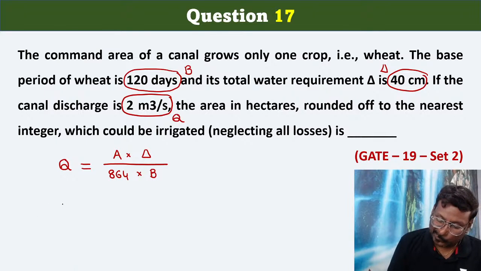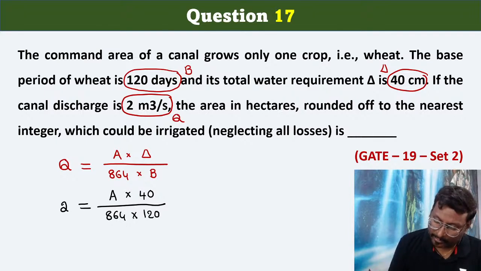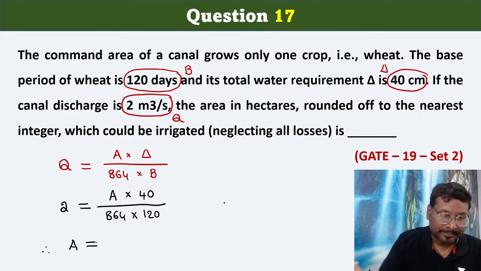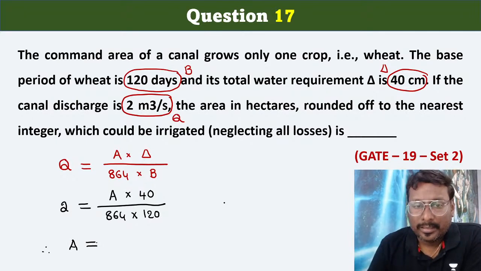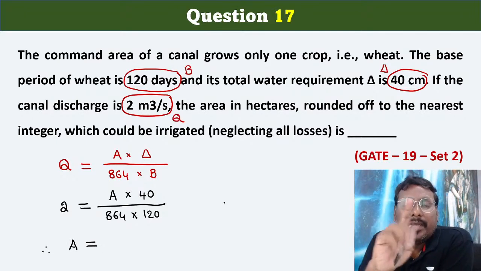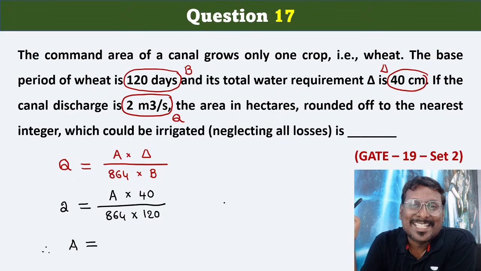Substitute all that. Q is 2. Area required, delta 40, 864 into 120. What is area? Simple, na? One formula will clear all your numerical questions.